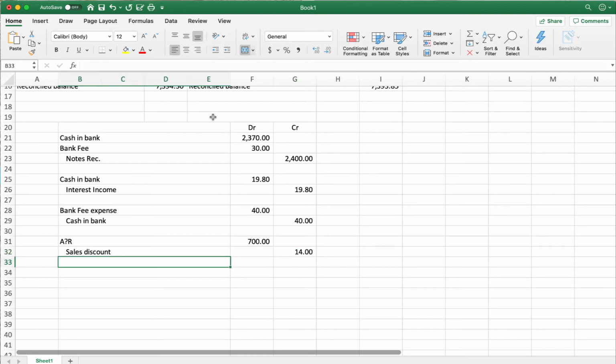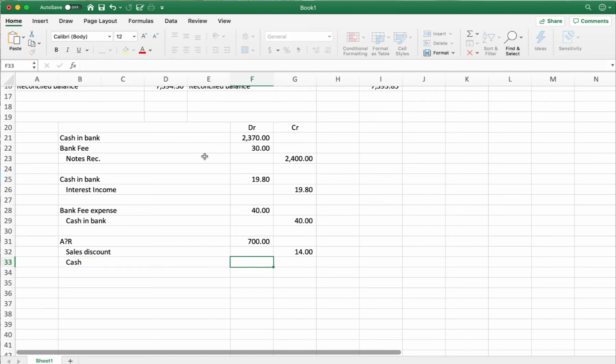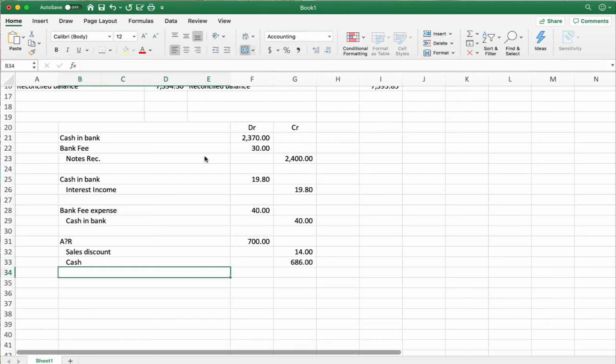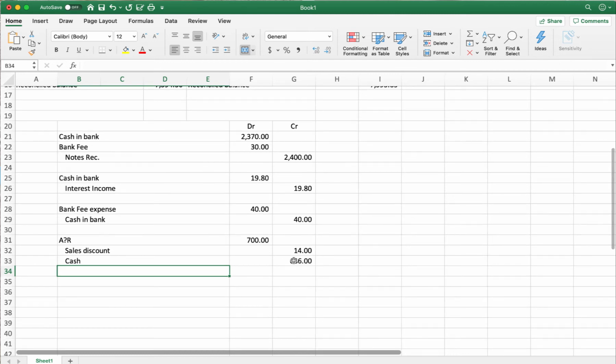And then I'm also going to credit my cash for $686, right? We originally had that booked as cash in on our books. The bank informed us that we do not have that cash, so we need to get it out of our books, okay? The fact that we don't have this $686 from Ryder is reflected in the cash balance on the bank statement.